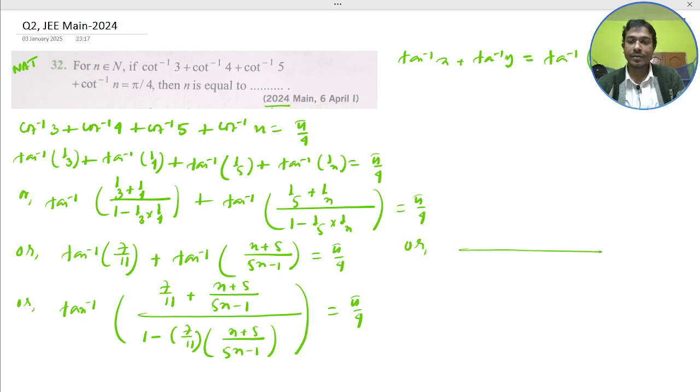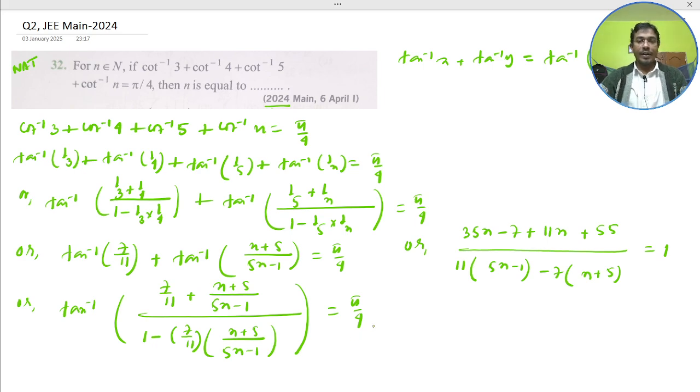So here this becomes (35n - 7 + 11n + 55) divided by (11 × (5n - 1) - 7(n + 5)), that would be equal to 1. So on the right hand side, tan pi by 4 equals 1. Now n would be 47. So n would be 47.